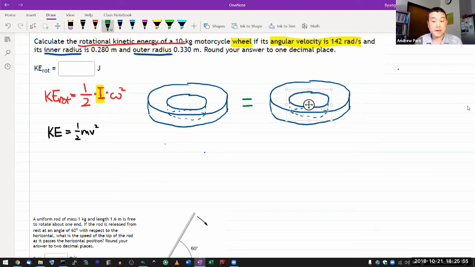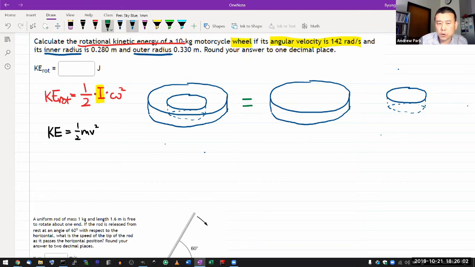And imagine the inner radius not making up a hole, but instead making up another disk of the same size and density as the material for the larger disk. So we are talking about the same density of material. Then you can describe this object A as being made up of object B minus object C.